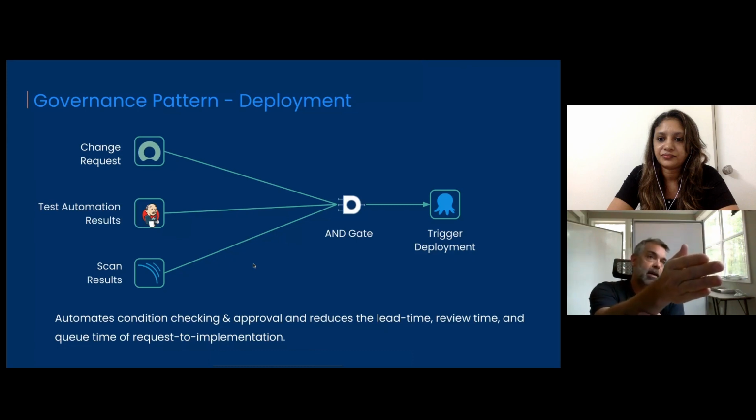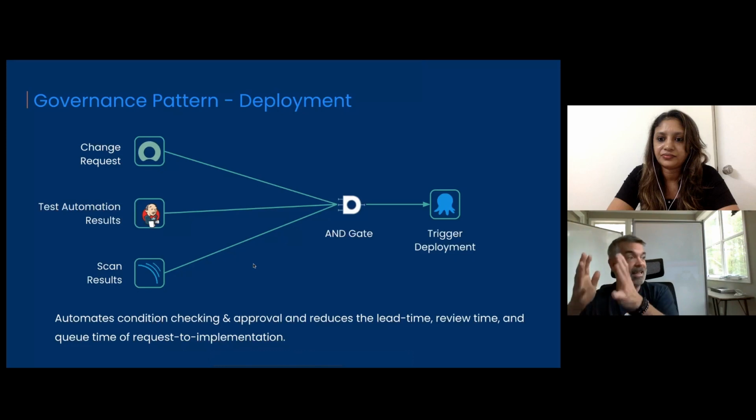I have test results. Those are mapped in. And then inside there, you say, if change request is this and test results are here and test results from SonarQube are here, trigger the build. So if I put a task in ServiceNow, it could say, all right, that task says trigger a build. Connect All will see it and trigger a build.